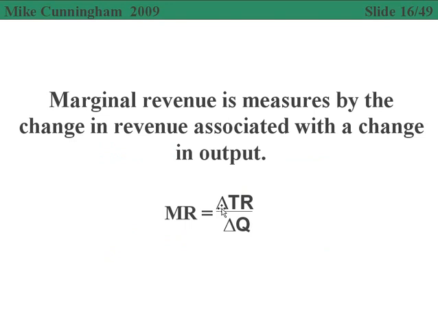So it's the change in total revenue divided by the change in Q. The triangle here, delta, means change in, the change in Q. So marginal revenue is equal to the change in total revenue divided by the change in quantity.